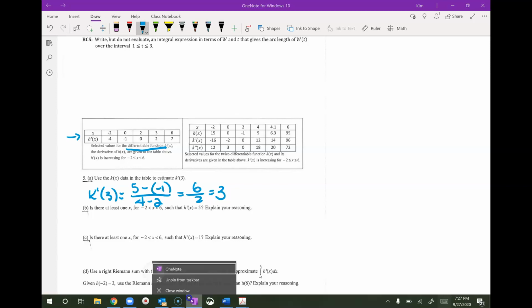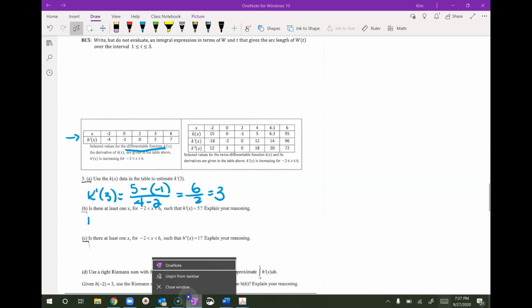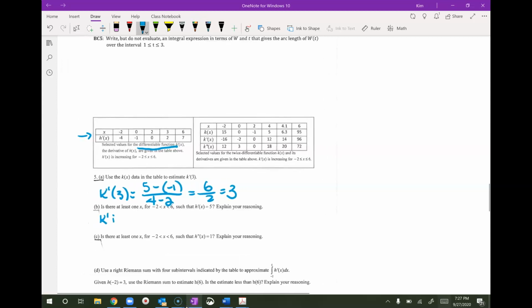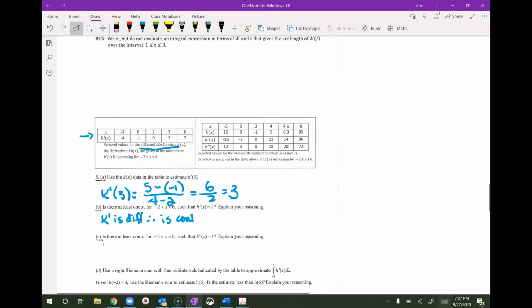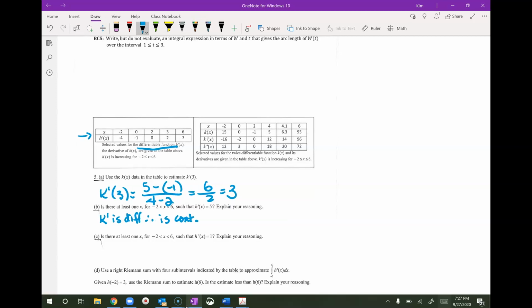So h prime is differentiable, therefore it is continuous, and we can use the intermediate value theorem. So do we pass 5 somewhere? Sure we do. If we're continuous from 3 to 6 and we pass from 2 to 7, we must cross 5.